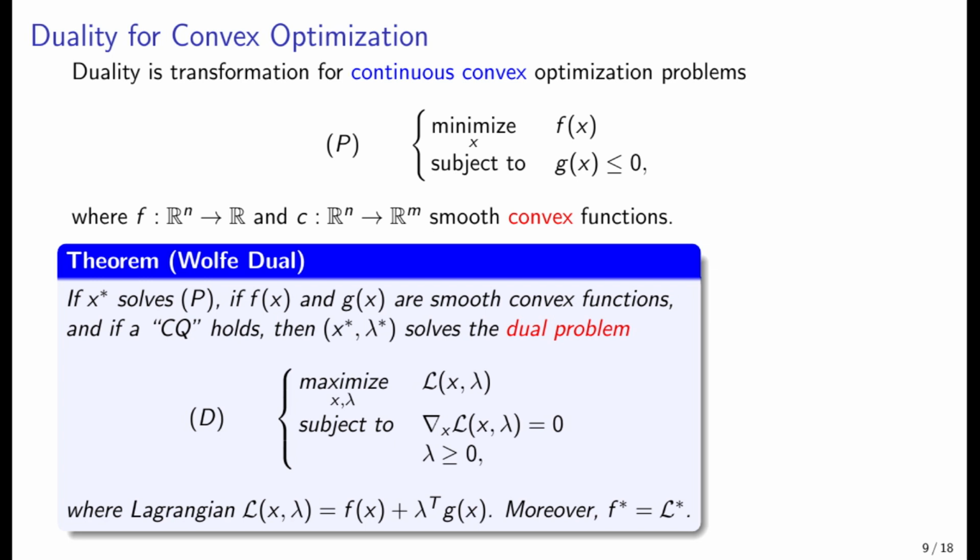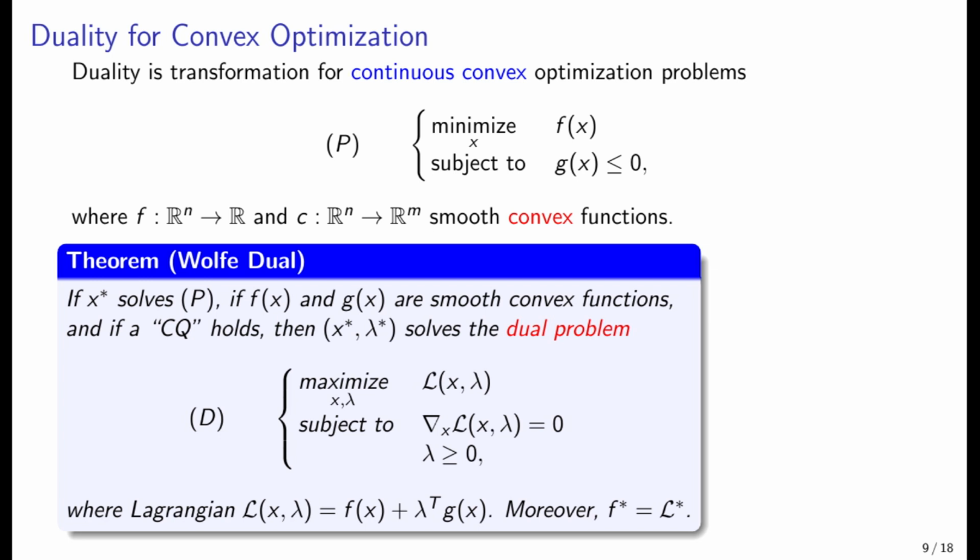There's a theorem that says that if I have a solution to my primal problem, then there's also a solution to this dual problem, which is written in terms of the Lagrangian of the original problem. L is the Lagrangian function, which introduces Lagrange multipliers or dual variables or reduced costs for my inequality constraints.